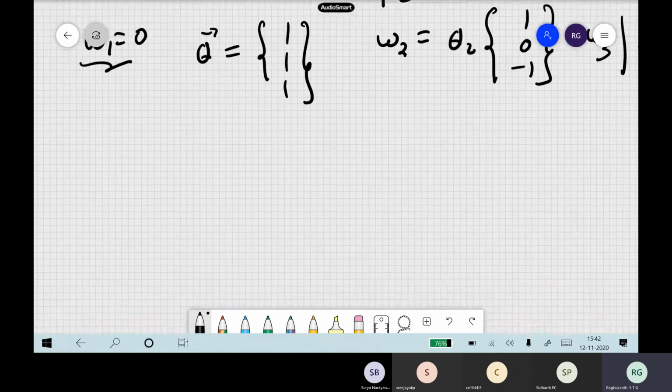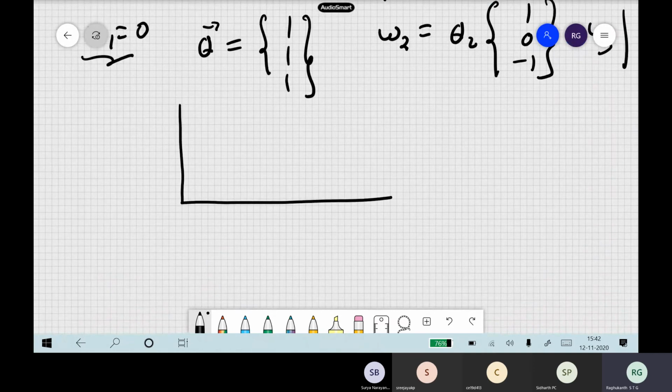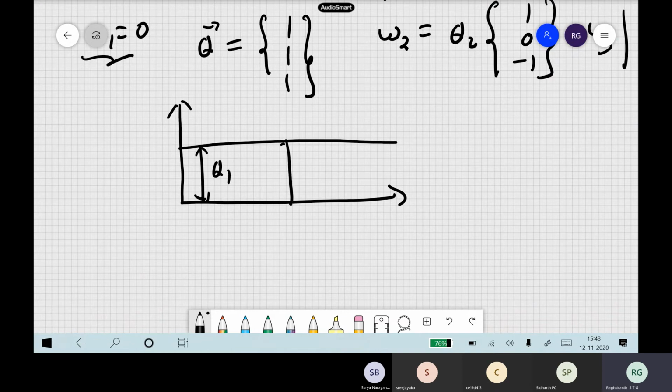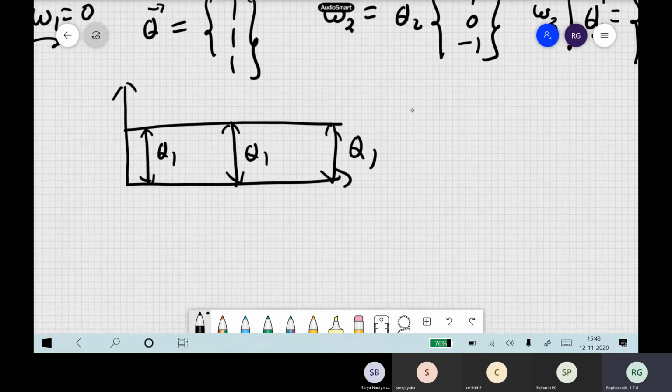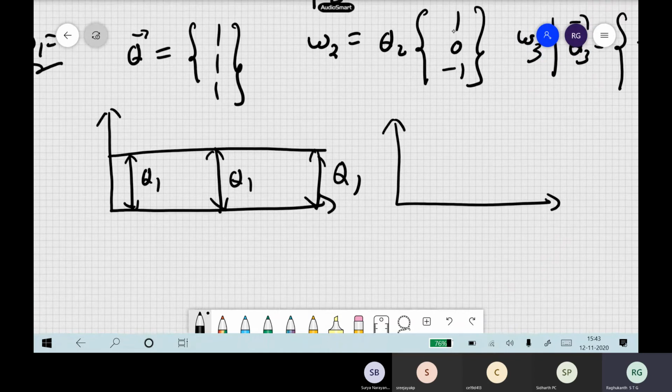If you draw the first mode shape for this stepped bar, it is like this. Everywhere it is Q1, Q1, Q1. So it is like a rigid body mode. The second mode is essentially 1, 0, minus 1. So this is our second mode.